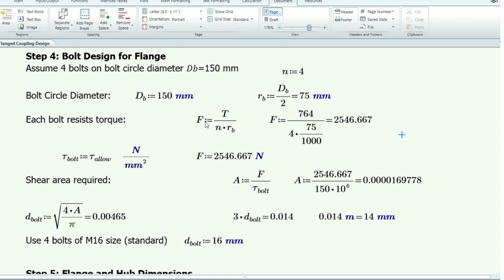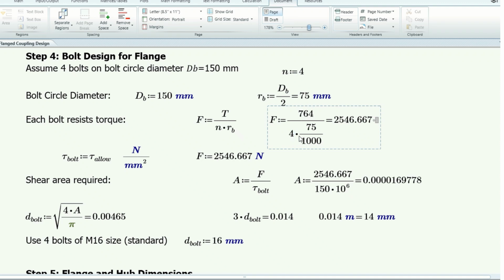Now for the bolt we have the formula F is equal to T divided by N times RB. That 764 Newton meter divided by 4 bolts.